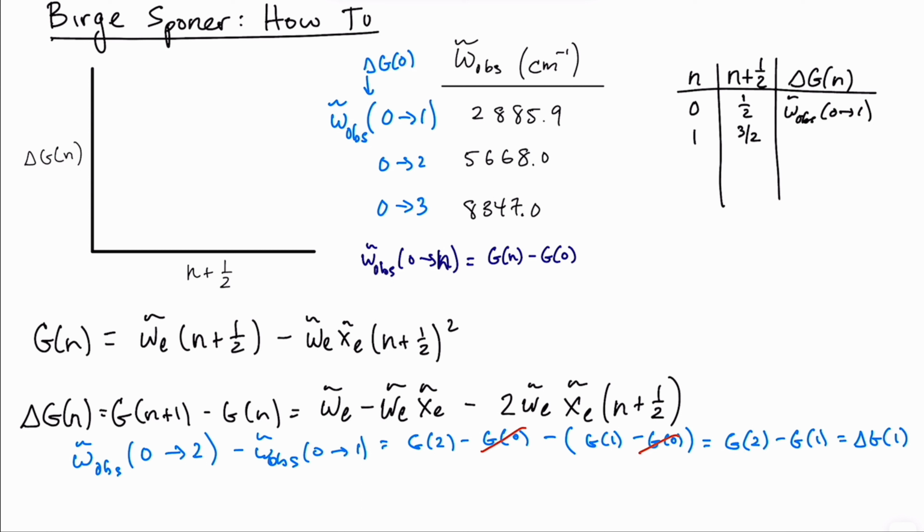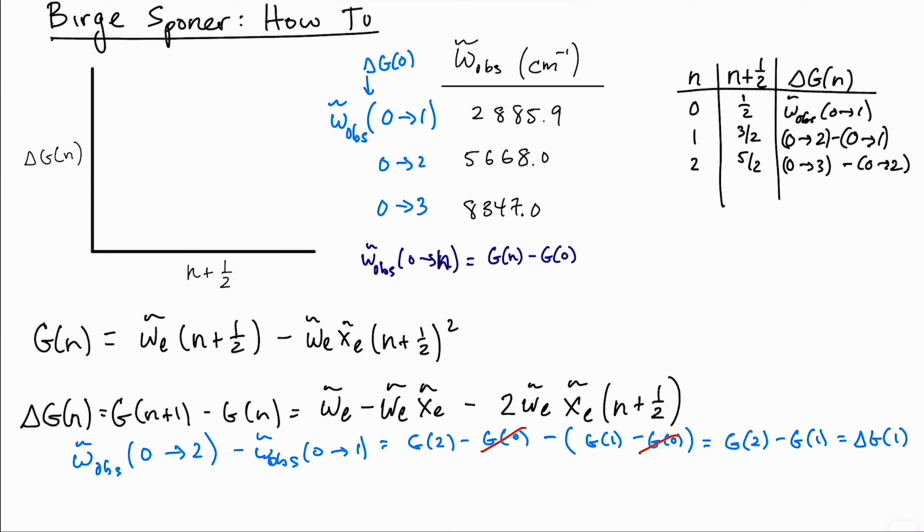And then this delta g of 1 that we were looking for, we'll get by subtracting this number from this number. Actually, it would be 5,668 minus 2,885.9. So I'm going to call it 0 to 2 minus 0 to 1. Then we just keep going more and more like this. For n equals 2, we'll have 5 halves, and this will be 0 to 3 minus 0 to 2.